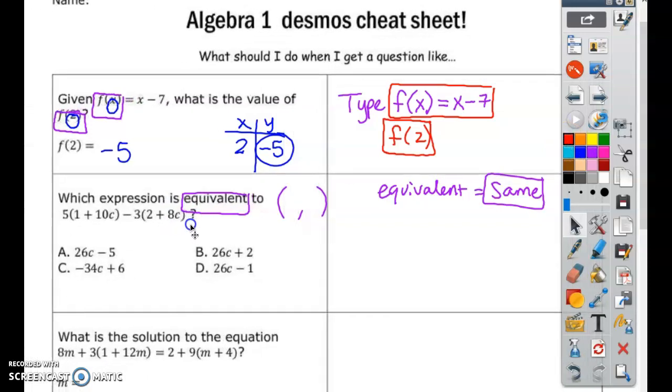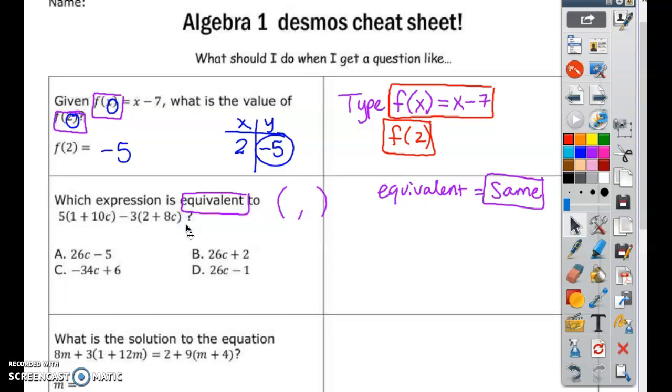Let me get a red. We're going to type these and just change the letters to x's. Type this in Desmos. Type this in Desmos. Type this in Desmos. Type this in Desmos. Type this in Desmos. And what are we looking for? The same. Which one is the same? ¿Cuál es el mismo?